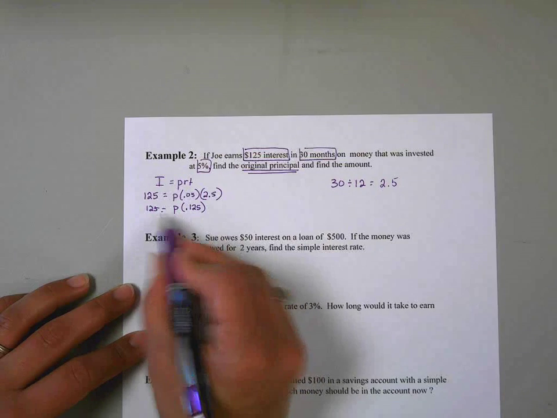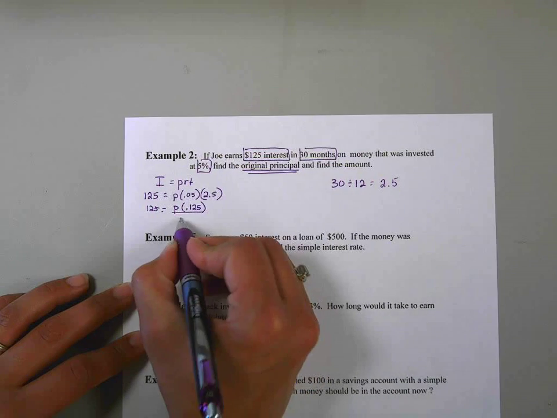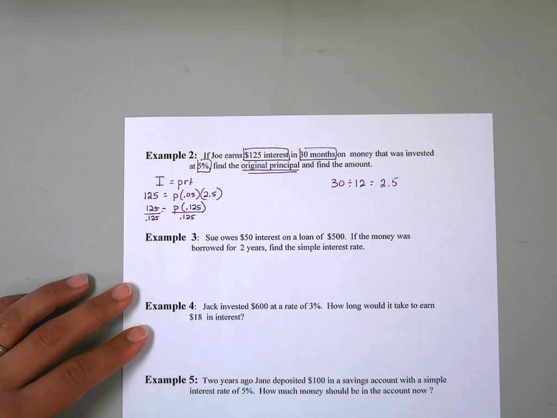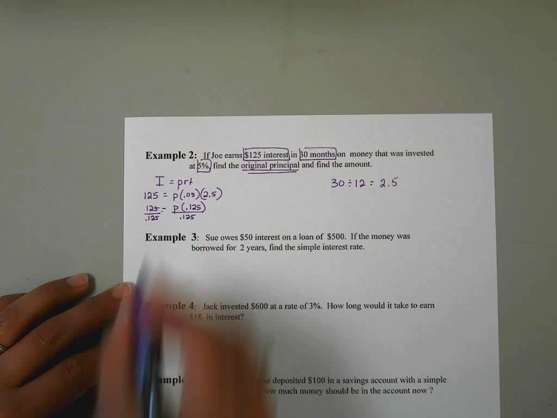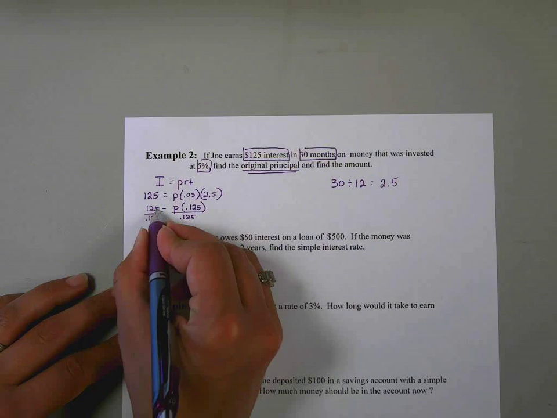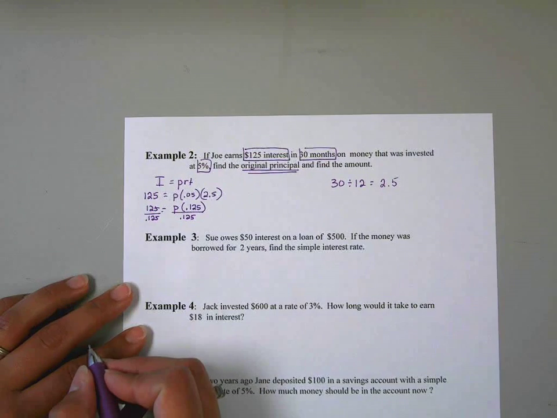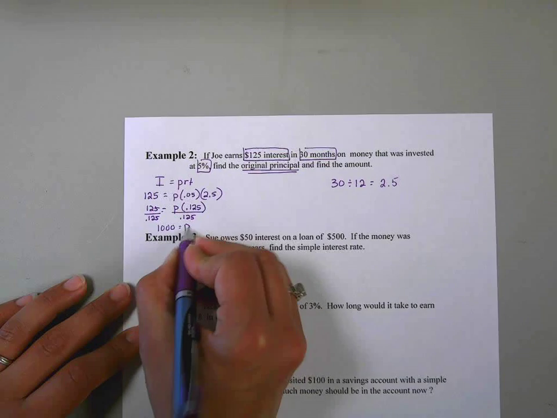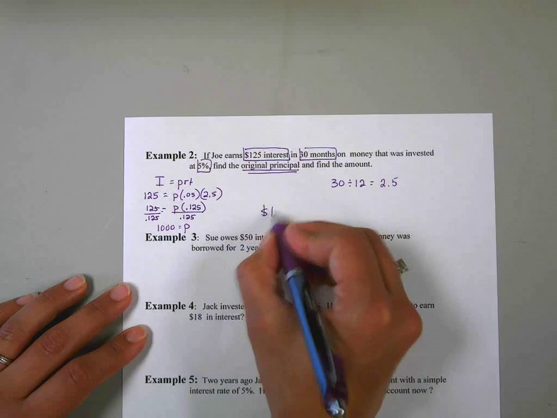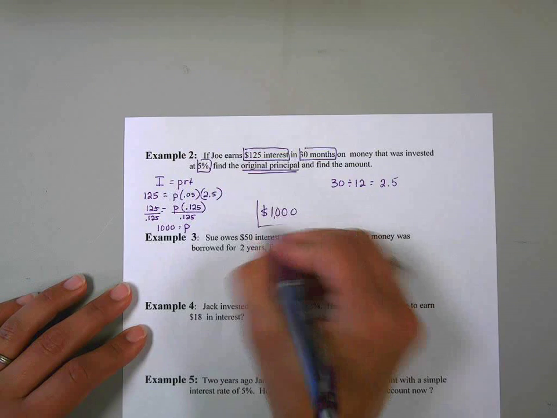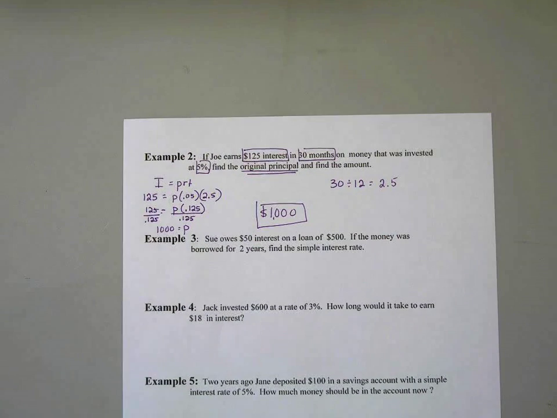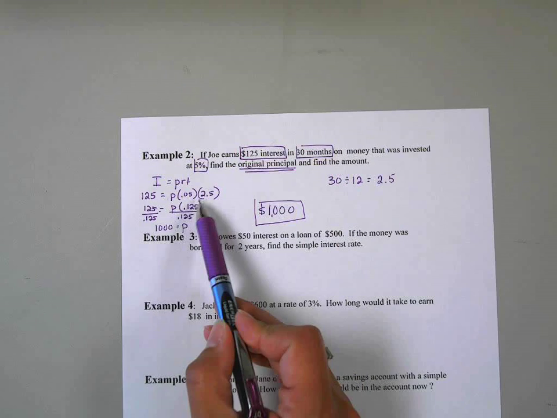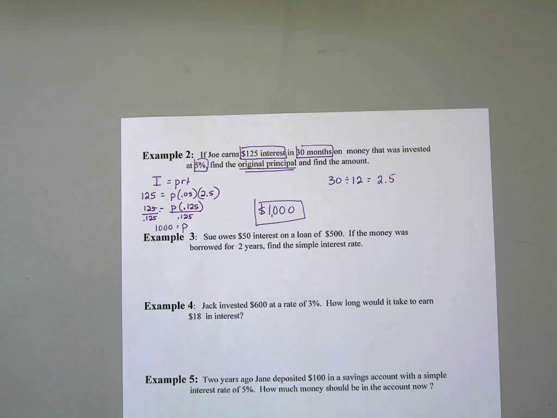And now I have a multiplication equation, so I'm going to solve that by dividing both sides by 125 thousandths. So I can divide 125 by 0.125, and I'm going to get 1,000. So $1,000 was my original principal. You can always go back and check your work. You can do 1,000 times 0.05 times 2.5 and check your work.